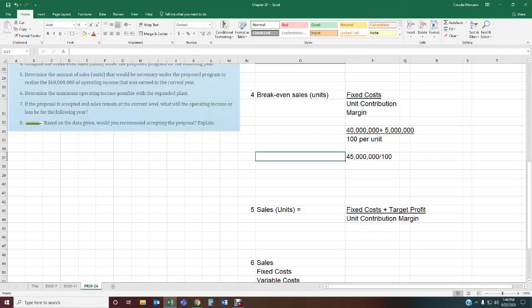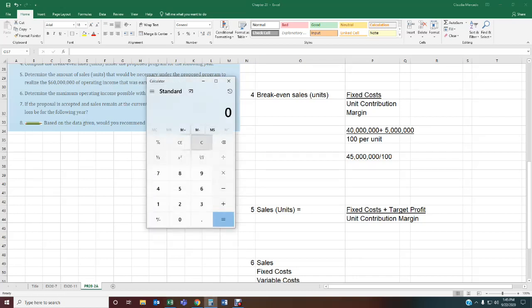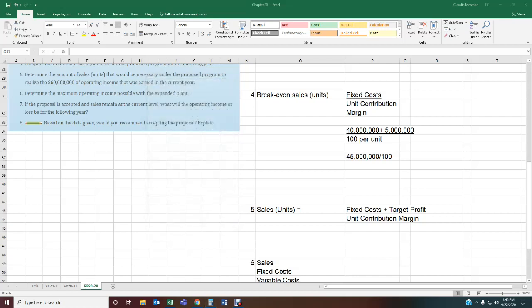So 45 million divided by 100. That gives me 450,000 units.